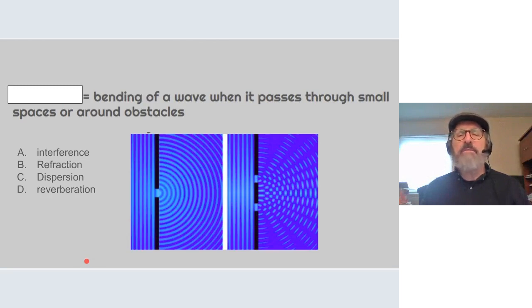Right, so we didn't talk too much about this. This is bending of waves through a material, and you know what? This one does not have the right answer in it. This is diffraction. Okay, sorry about that. This is diffraction, and a long wave and a short opening makes the waves bend more, right?